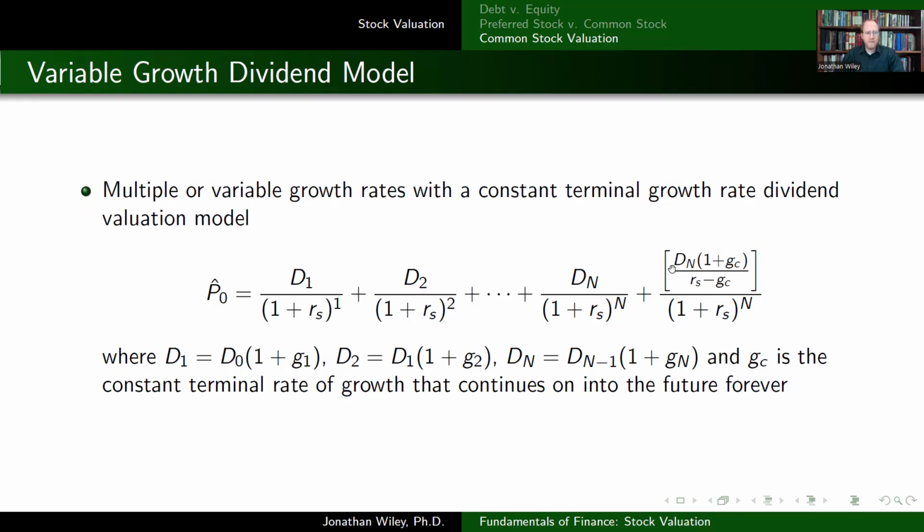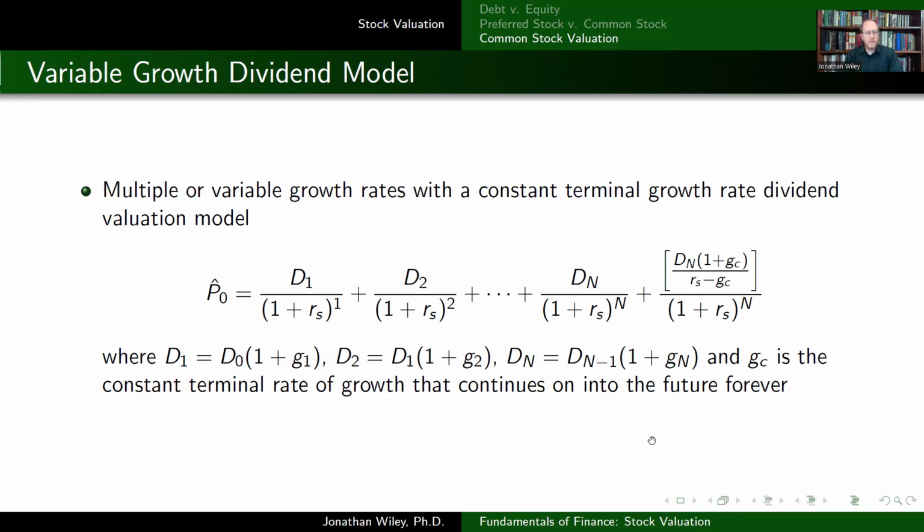To find D5, I would take D4, so n is 4, D4 times 1 plus 0.05, because I said it was going to be 0.05 after the 4 years, divided by RS minus 0.05. Then I would take that whole number, divide it by 1 plus RS raised to the 4, because n is equal to 4. And I'd work that out, and that would give me the value of the stock.